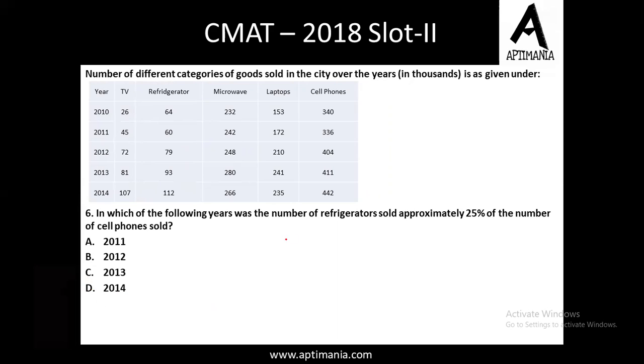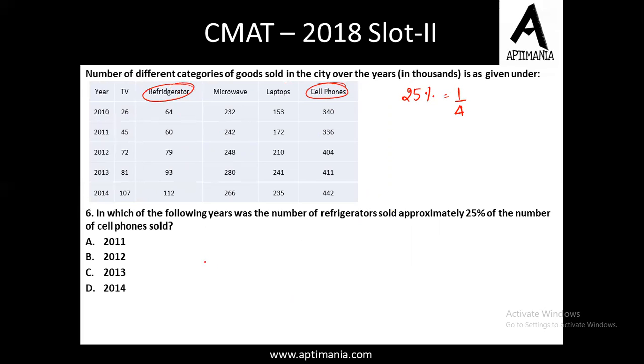What is being asked in the question is in which of the following years the number of refrigerators sold was approximately 25% of the number of cell phones sold. So we have to compare refrigerators and cell phones, whether refrigerators are approximately 25% of cell phones sold or not. As we know, 25% in fraction is equal to 1 by 4.